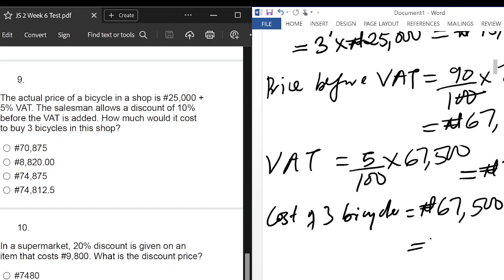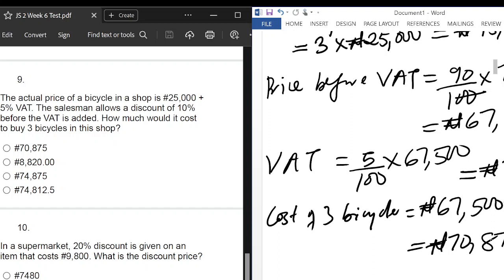So we add the two together, and that gives us 70,875. So that is the answer. I think that's option A there, the first option in the question. I hope this is clear.